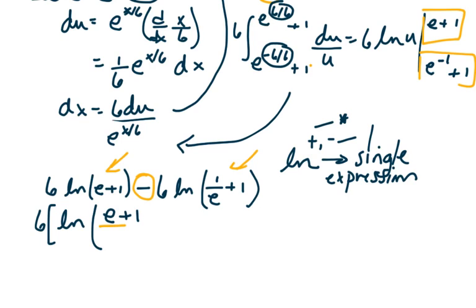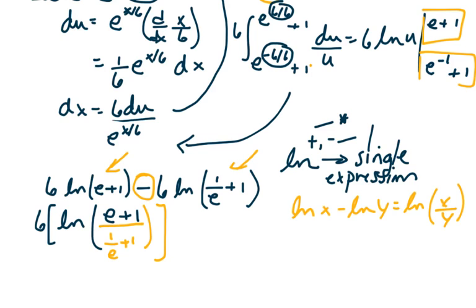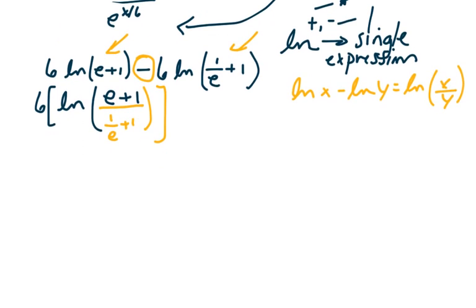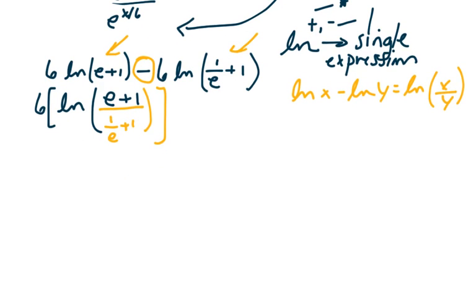So I'm going to combine them, and I'm going to leave it highlighted like that, because that's the equivalent. Remember that ln of x minus ln of y is equal to ln of x over y. These are log properties. This is not calculus, this is algebra. It doesn't matter which calculus class you're in, you'd be dealing with this algebra piece.